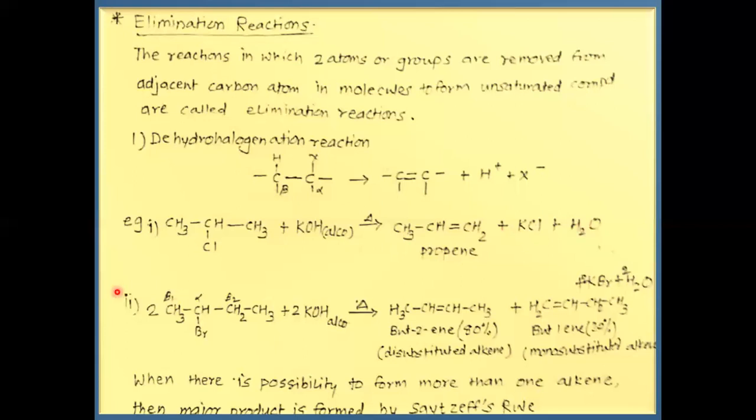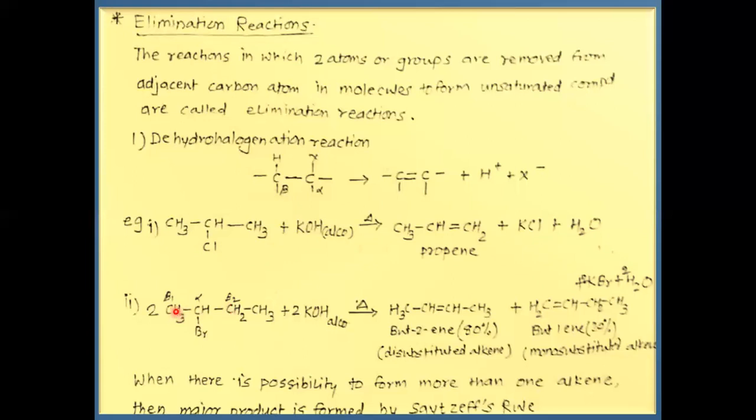Second example: CH3CHBrCH2CH3 plus alcoholic KOH. Here bromine is attached to this alpha carbon, and this is a beta carbon, and this is also a beta carbon. When the elimination reaction takes place, we get two products.